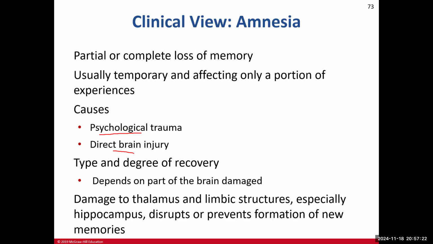So retrograde amnesia is when you forget your past. Anterograde amnesia is when you can't make any new memories, but you can remember everything from the past. It depends on damage to certain structures, especially the hippocampus. If you damage the hippocampus, you are not going to make new memories.